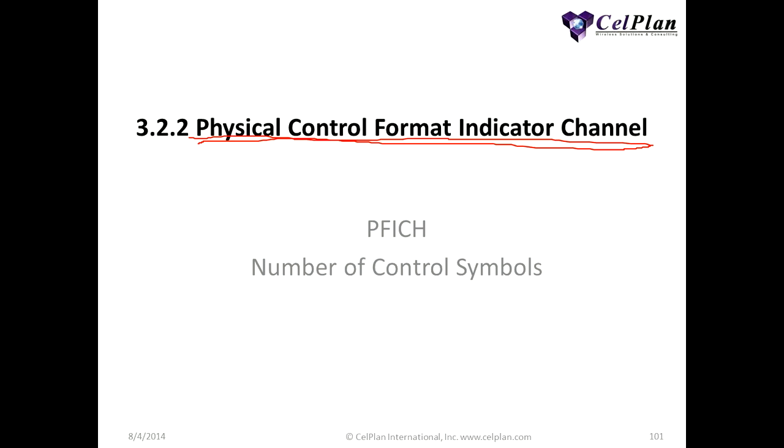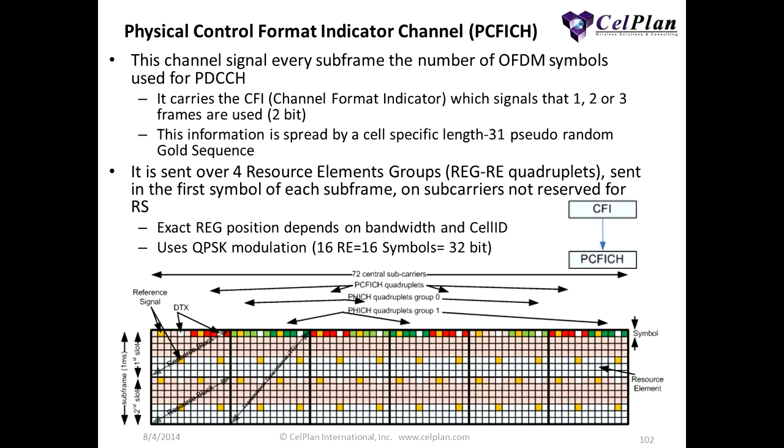Another channel that we have to dimension is the physical control format indicator channel. This channel is relatively complex, but the only information it gives me is how many control symbols I will have in a TTI. Basically, the control format indicator signals if I will use 1, 2, or 3 control symbols in a frame.